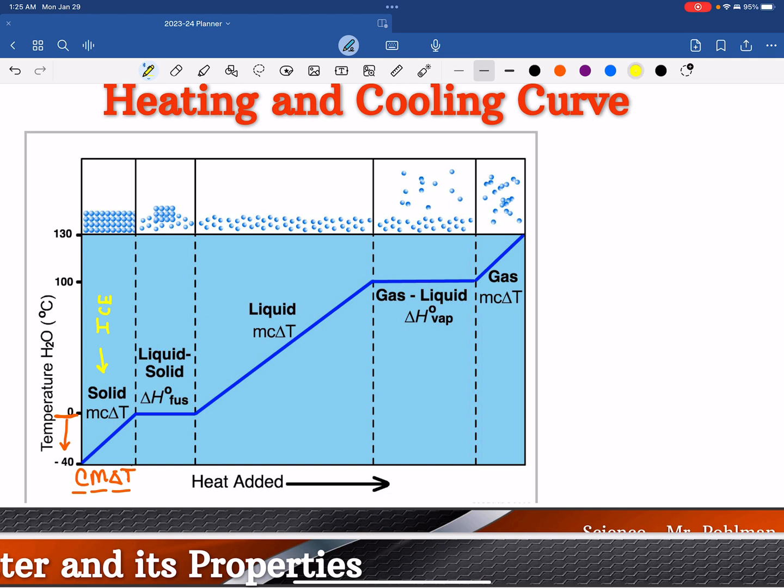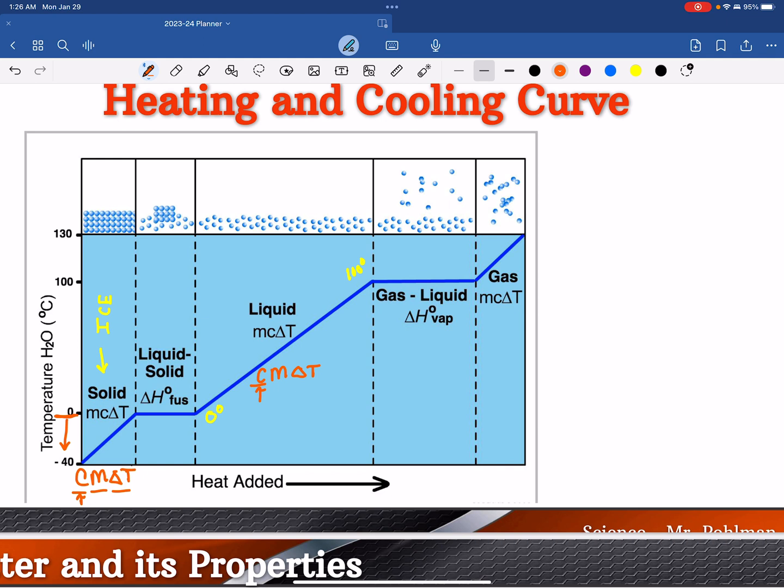We have the liquids. Liquids are going to be anywhere between 0 degrees and 100 degrees. I don't care what temperature it is. If it's 53, 82, it's going to be in the liquid state. We're going to use, again, that formula, Cm delta T, but we're going to have a different specific heat, a different rate at which liquids heat up and cool off.